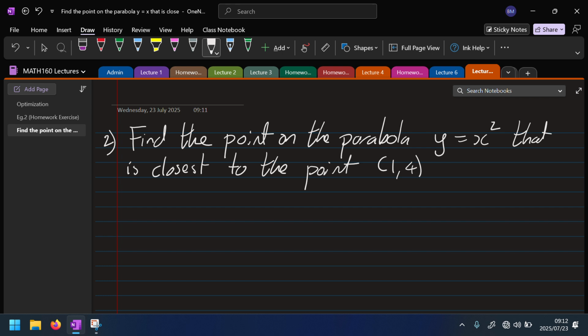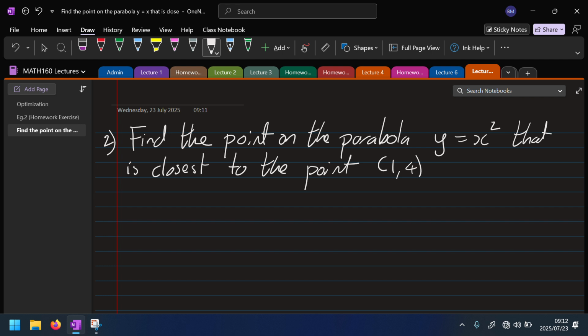Again, it's not like a word problem that we saw last time. So we're not trying to maximize some farmer's land or anything. It's more mathematical. But the idea is the same. So you look at the problem, you understand what needs to be maximized or minimized, set up the function that needs to be maximized or minimized, do the derivative, and pick your solution.